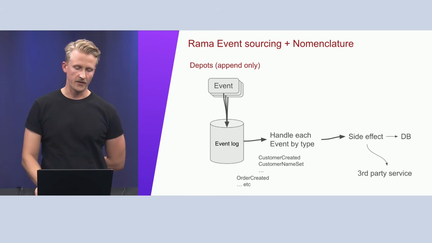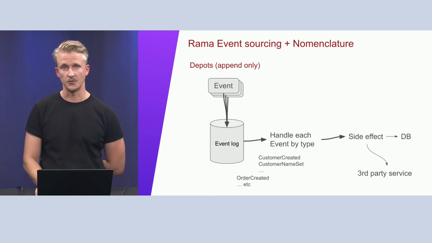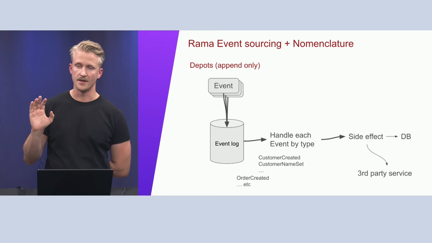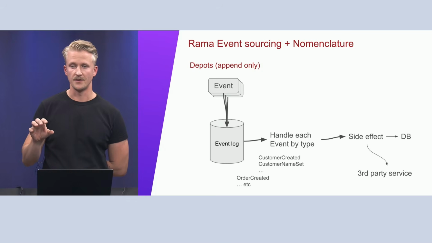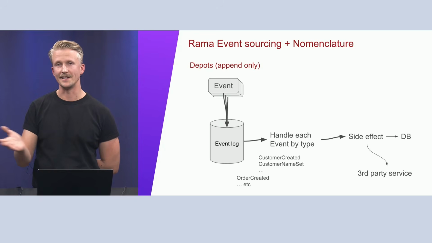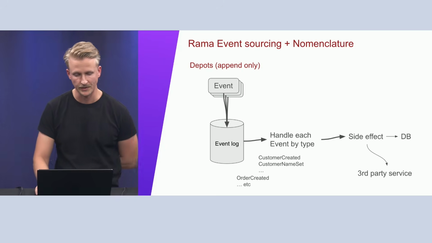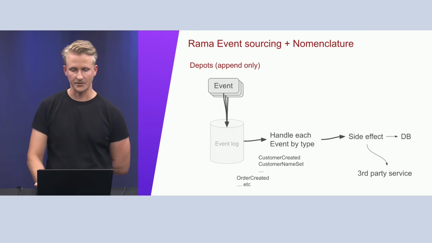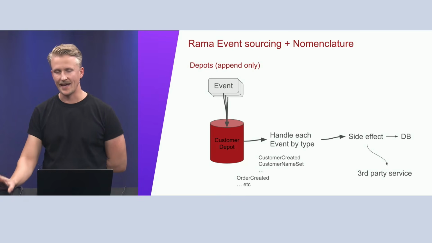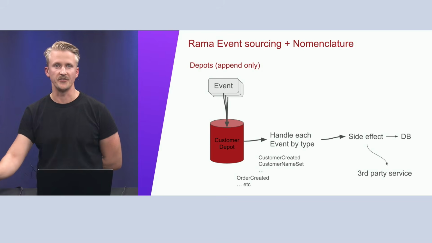So instead of an event log, Rama has depots, which is the exact same thing conceptually. You push events into them, and you then read those events and you handle them in an ETL, it's called in Rama, but I'll get to it. It's usually grouped by entity or business use case or feature.